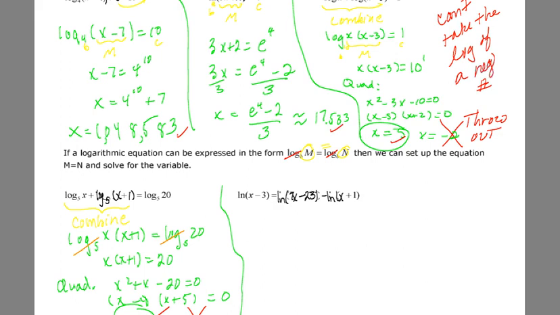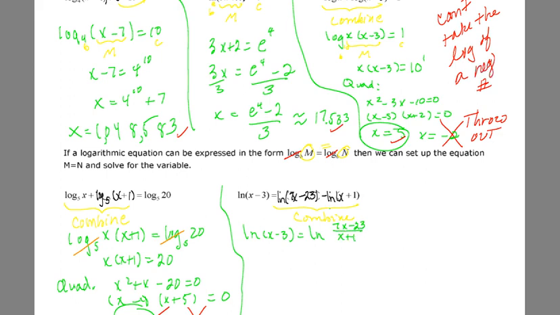Let's look at this last one. Let's take these two logarithms, combine them, and work it from there. ln of x minus 3 equals ln, and since that's a subtraction, we're going to divide them, 7x minus 23 divided by x plus 1.